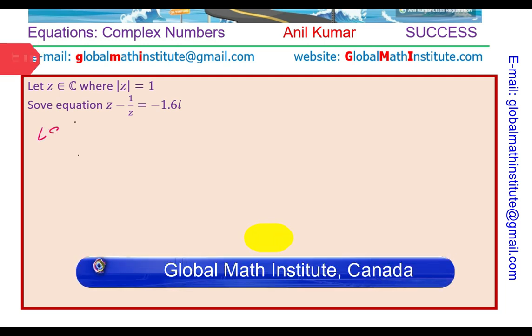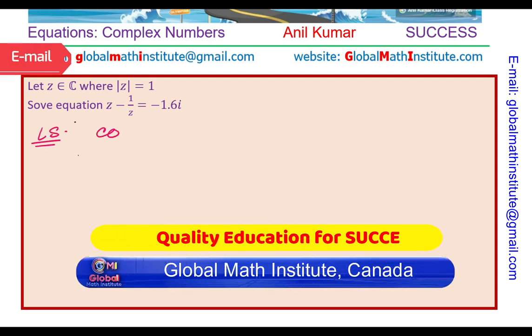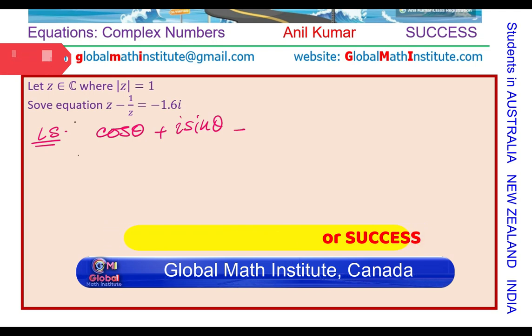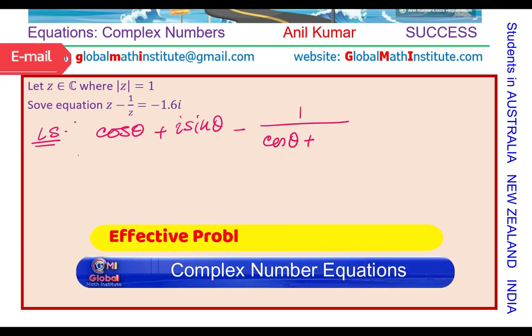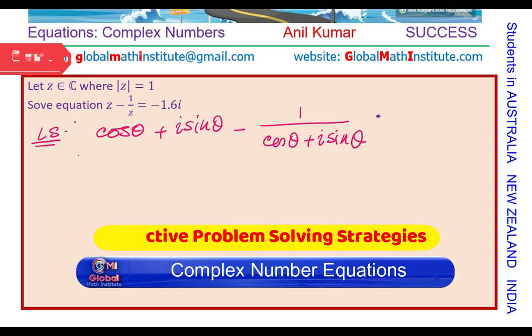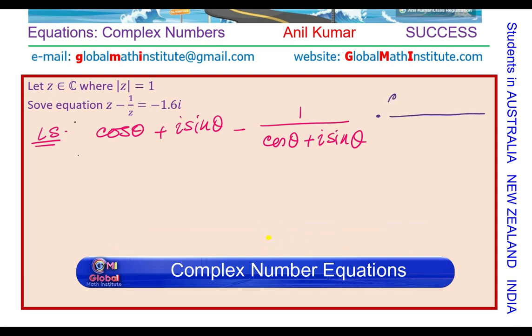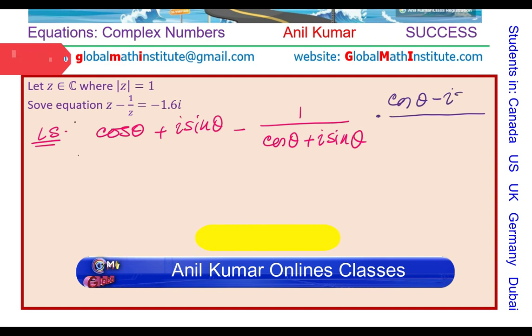So we'll work on the left side, which is cos theta plus i sin theta, and then we have minus 1 over cos theta plus i sin theta, correct? So what are we going to do here? We are going to multiply and divide by the conjugate, which is cos theta minus i sin theta.